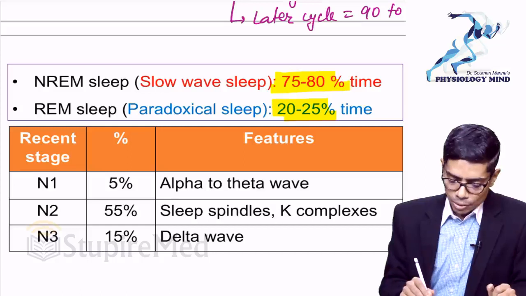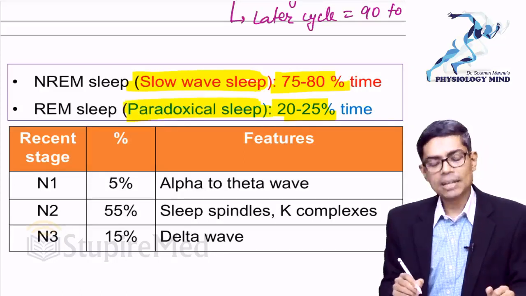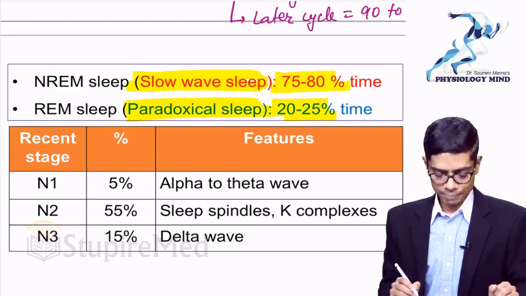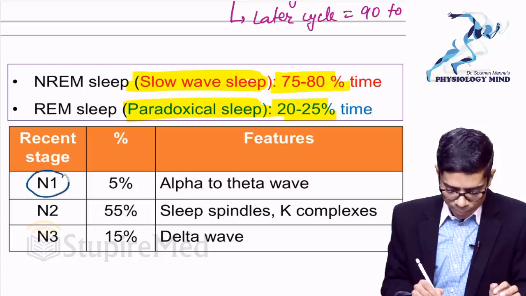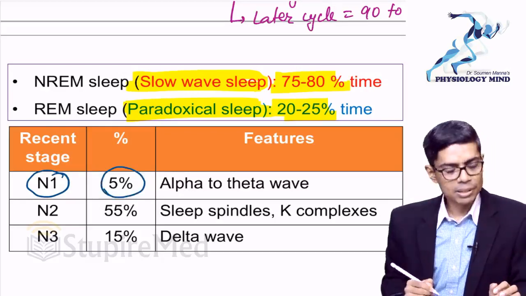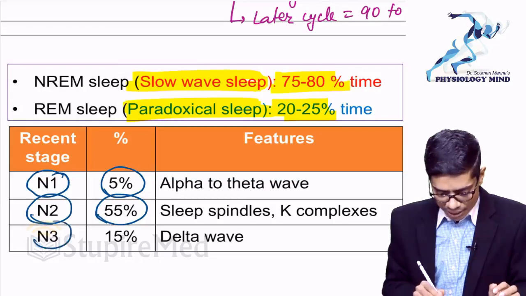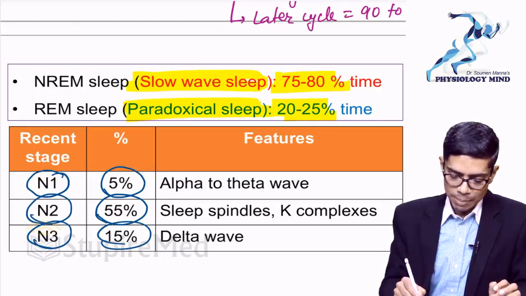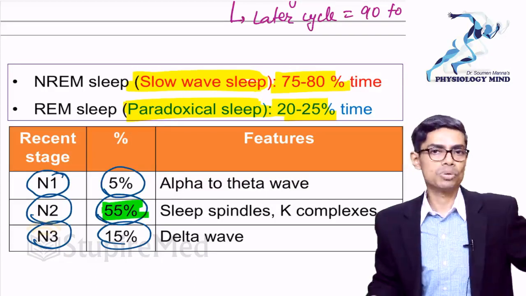Non-REM sleep is also known as slow wave sleep, and REM sleep is also known as paradoxical sleep. We will tell you why. In non-REM sleep, N1 is only 5% of the total time, N2 is 55% and N3 is 15%. Means maximum time is spent in N2 sleep.